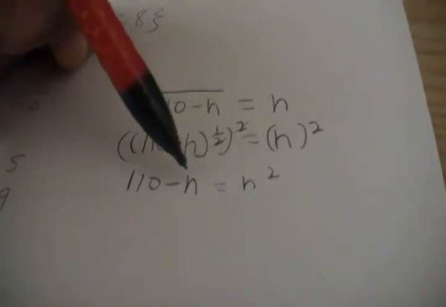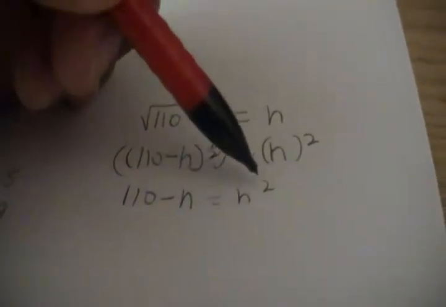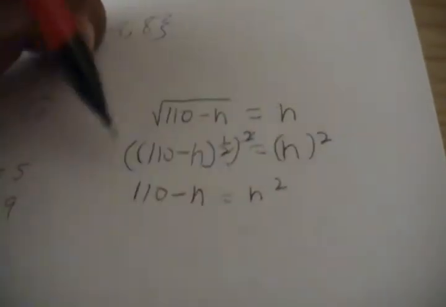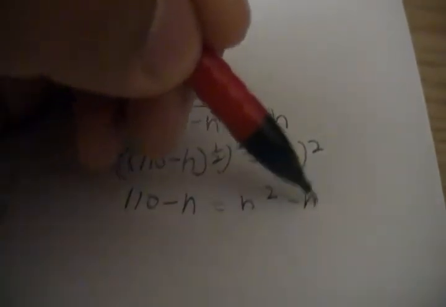Okay, so now what we're going to do is solve. This is what we call a quadratic, because it's n squared. So we want to make everything equal to 0, and to do that, we have to bring n squared to the left side. So let's subtract n squared from both sides.